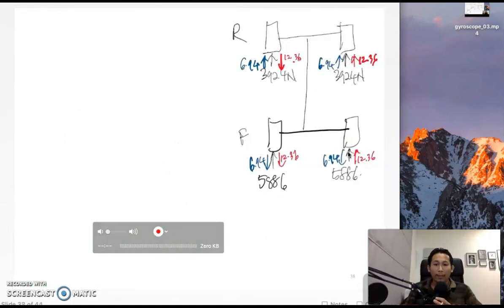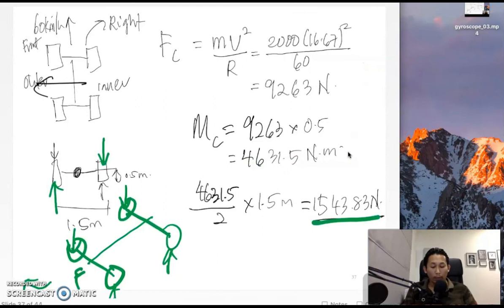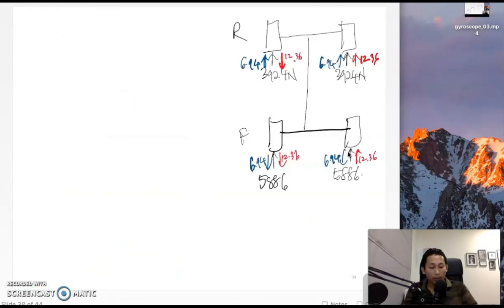Okay, got it. So we have our front wheel 1543.83. So this one is going down, this one is up, this one is down, and this one is up.